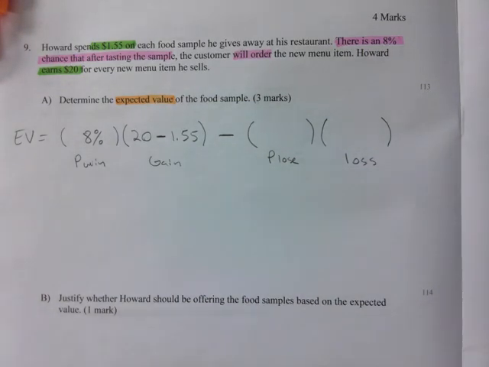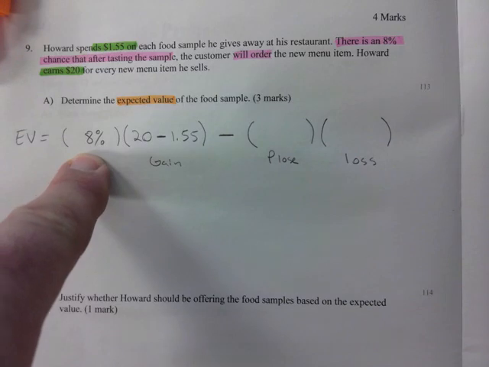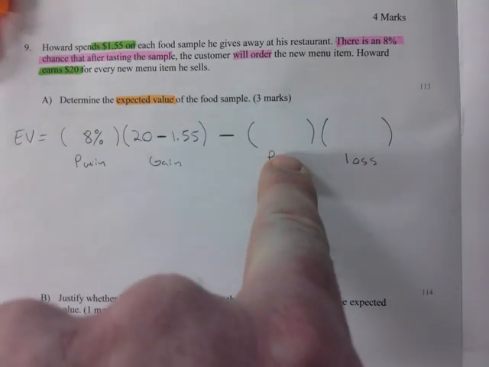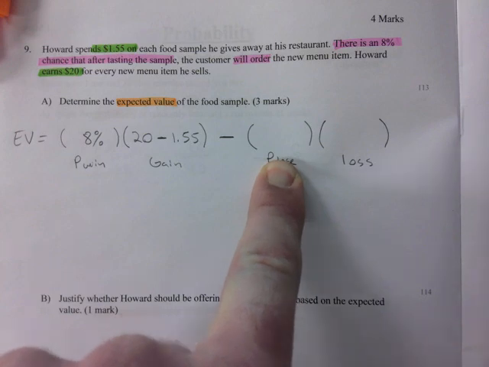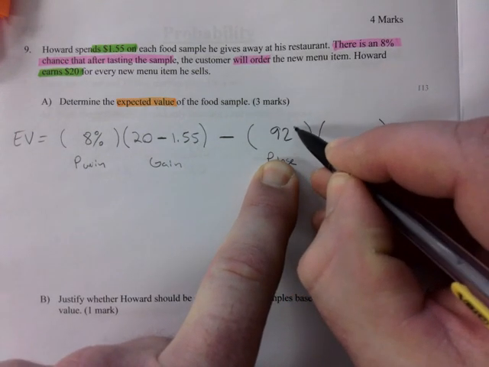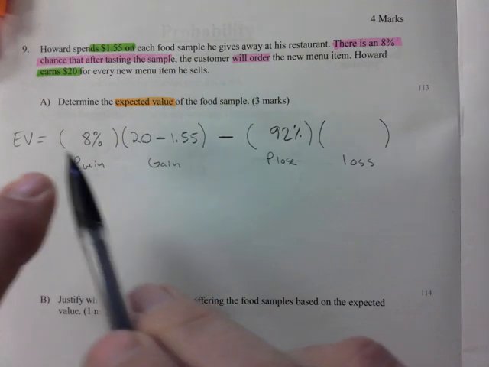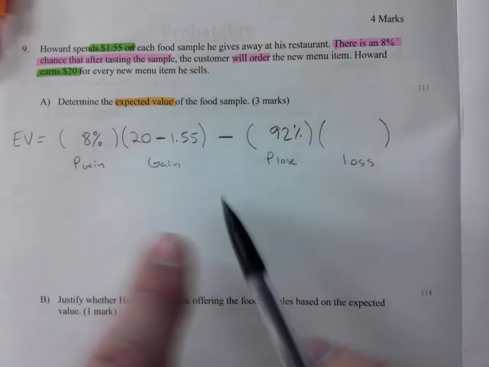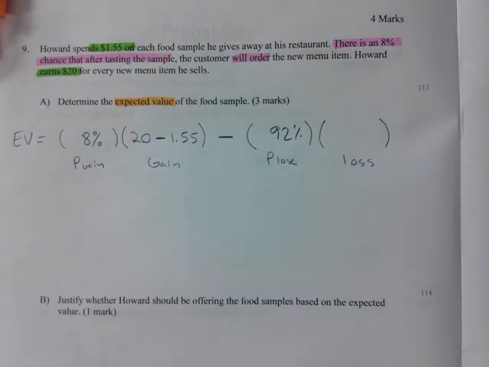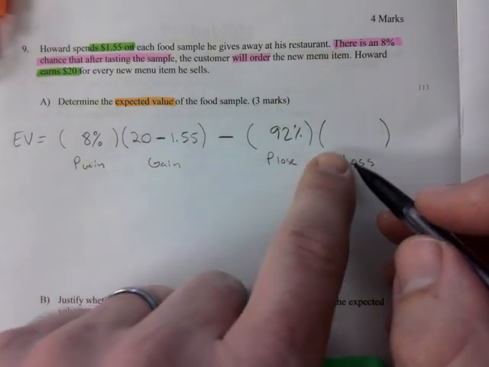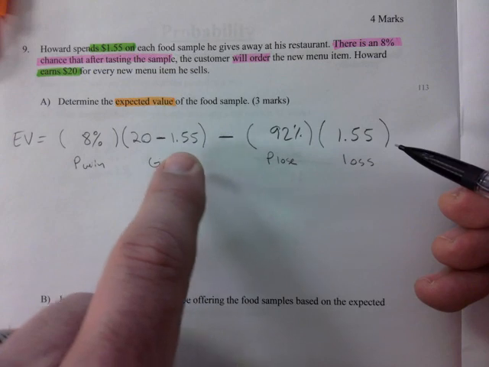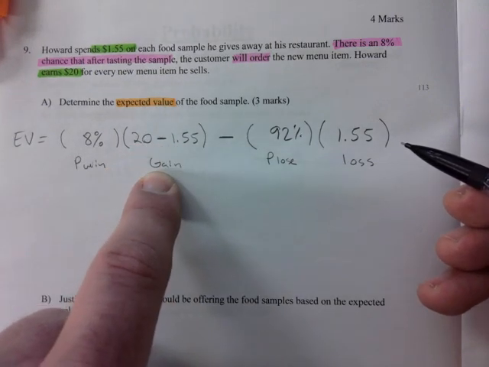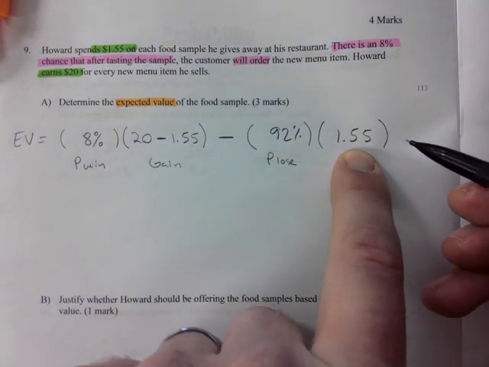So you ready for this one? If there's an 8% chance of winning, then what's my chance of losing? 92%. You got it. Okay. The percentage of all the wins and the losses have to add up to 100%. No doubt about that. So you would only be losing $1.55. So the loss you subtract here to get the gain, that's the number that comes over here as well.